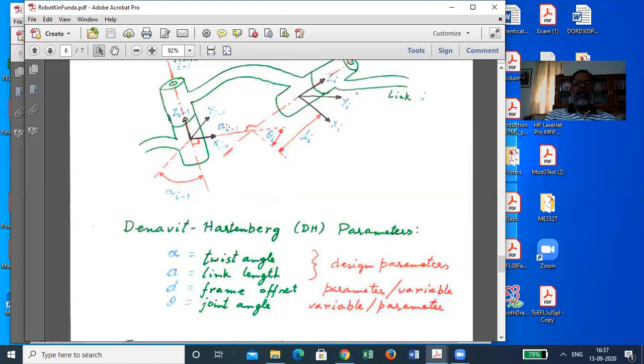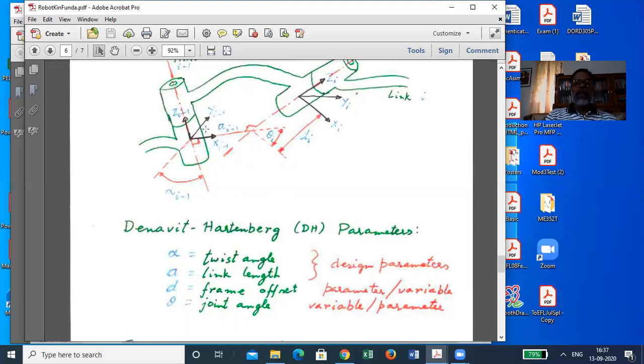Now we have come here in a way. If you turn this frame of reference about the local x-axis by this angle, the angle between z i minus 1 and z i, then what happens? The common perpendicular is this.